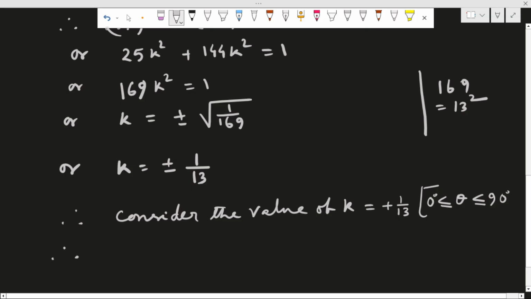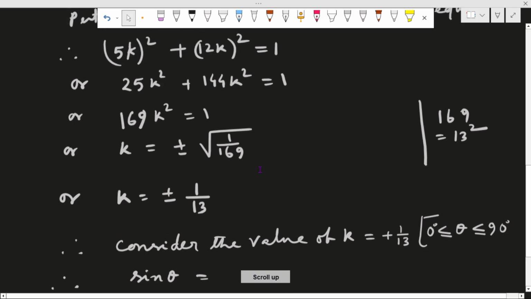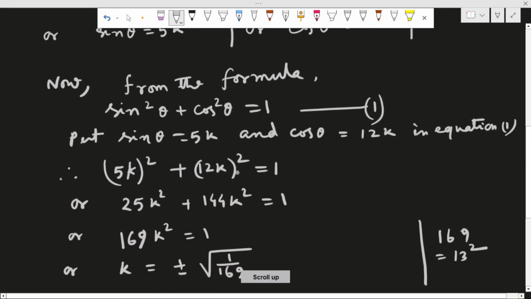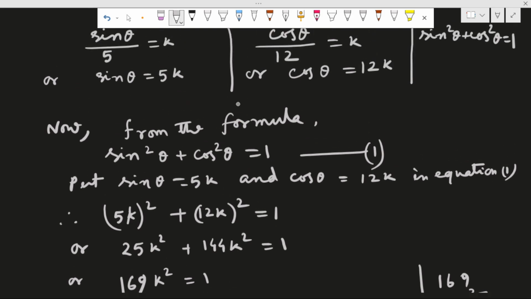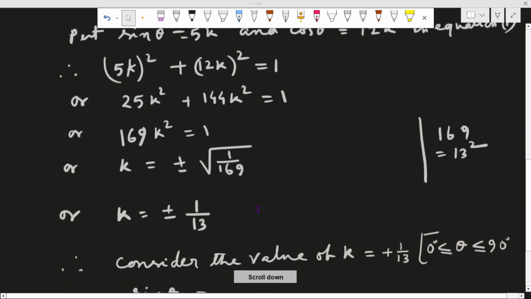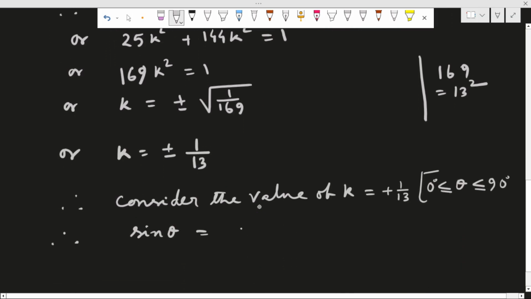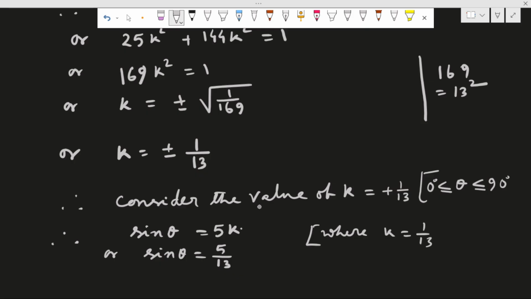Therefore we can easily find the value of sin theta and cos theta. What we have seen: sin theta is equal to 5k, and cos theta is equal to 12k. So find sin theta and cos theta. Sin theta is equal to 5k, or sin theta is equal to 5 by 13, where k is equal to 1 by 13.